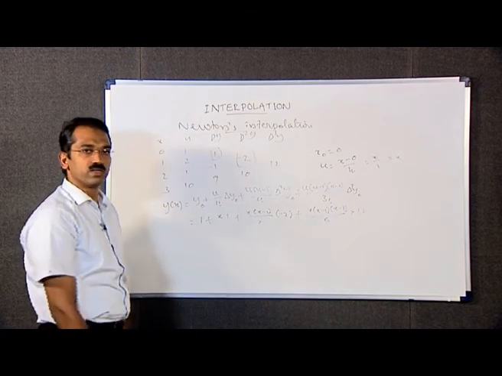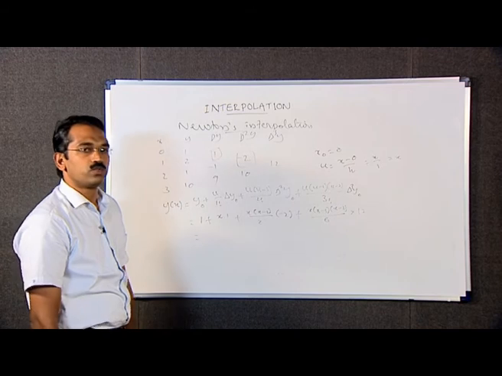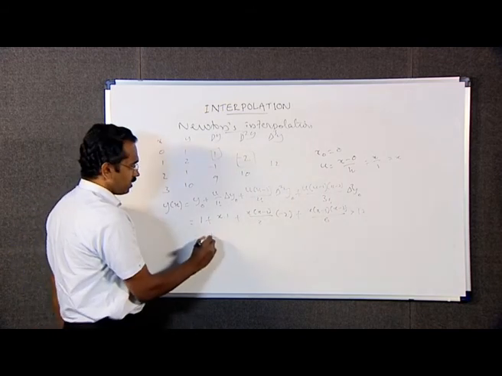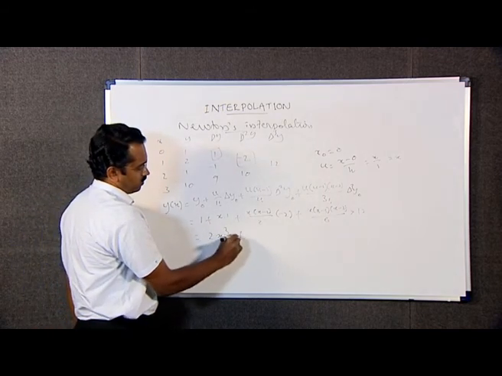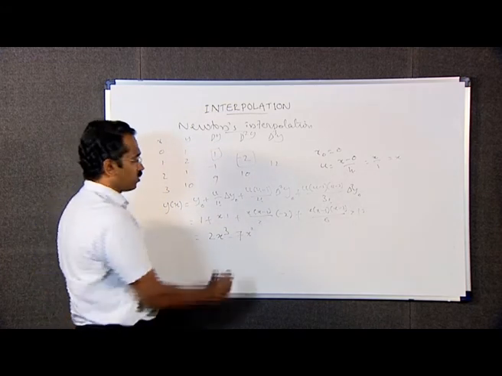On simplification, we will get this as 2x cube minus 7x square plus 6x plus 1.